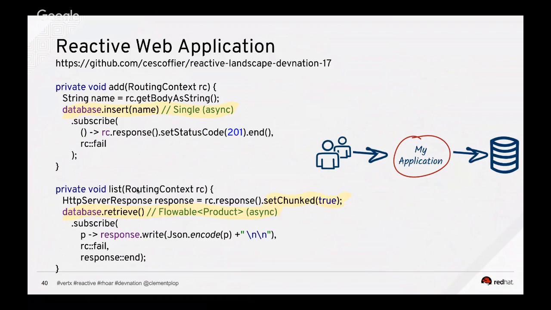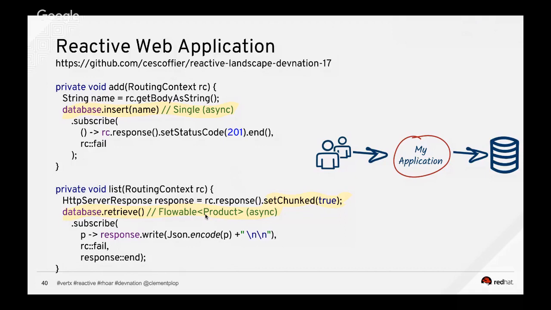To list, when my user wants to list the products, it will just call database.retrieve. This returns a stream of products, with all the products, and then I subscribe. Something interesting here is that I don't want to overload my memory with the whole set of products. That would be very inefficient in terms of memory. So I'm using something that exists since HTTP 1.1, chunked responses.